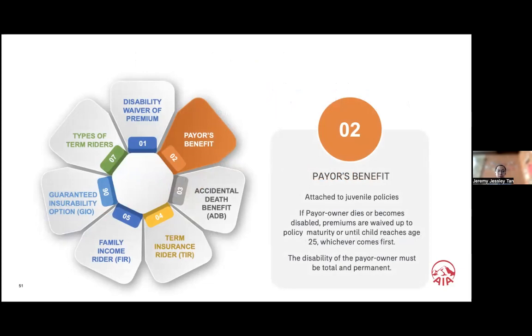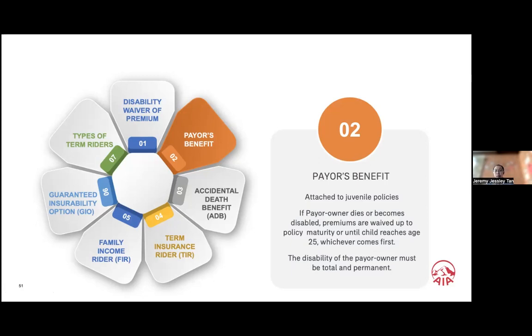Payer's benefit, the second rider. Ano ba yung payer's benefit? Okay, payer's benefit attached to juvenile policies. Ano ba yung juvenile policies? Juvenile policies mean yung insured is a minor.